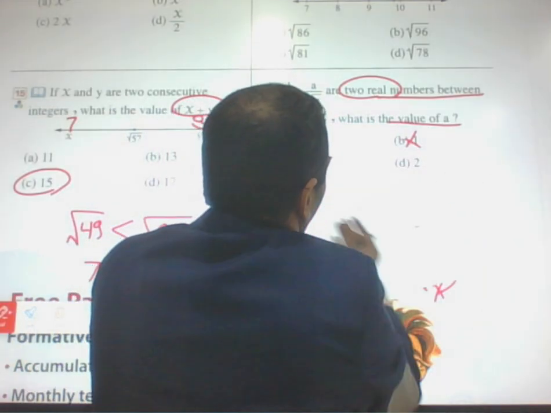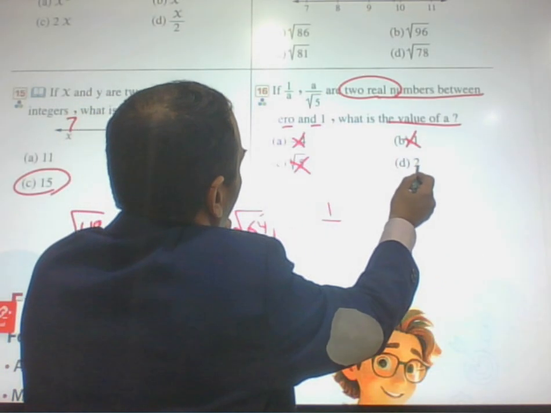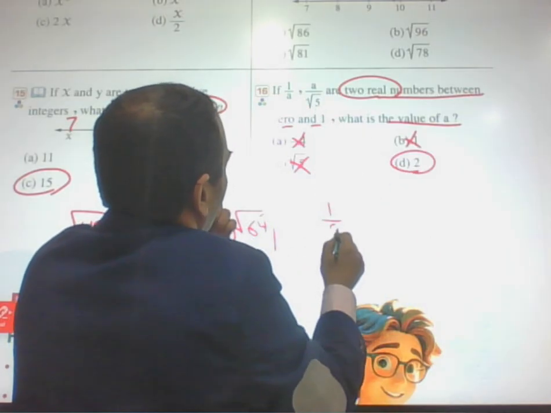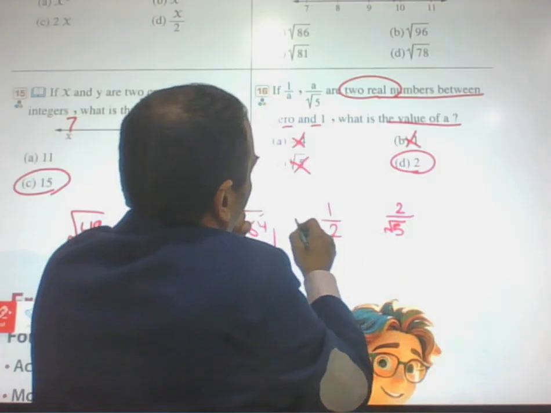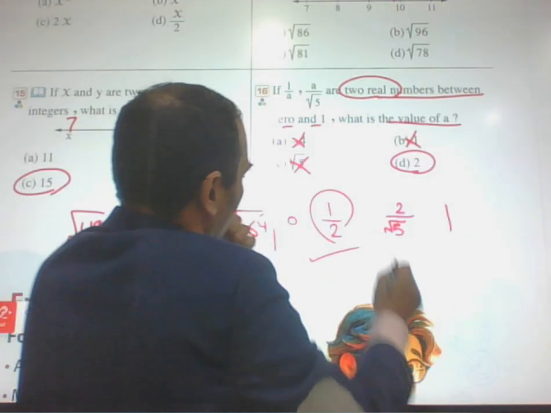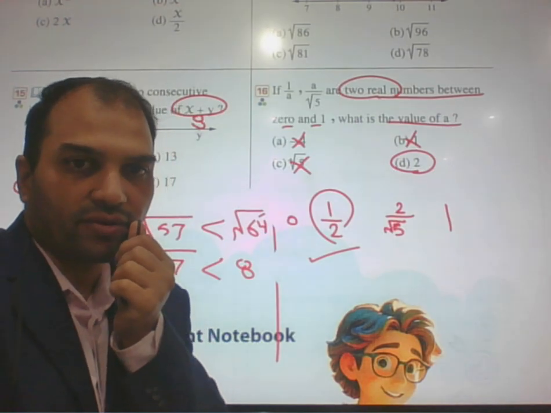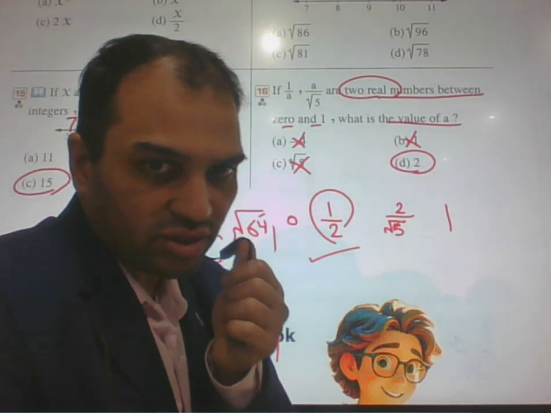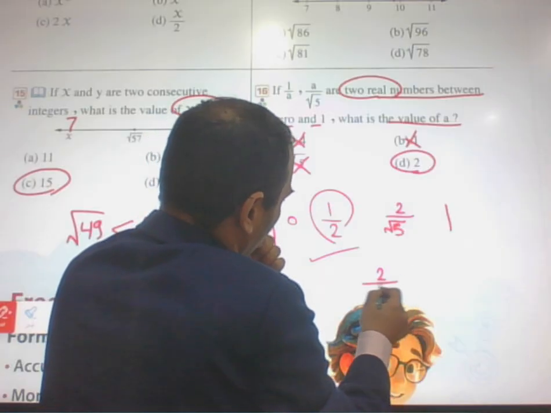But the option D: we have 1 over 2, put the value of a equal to 2, and here 2 over root 5. We have 0 and 1. Half lies between 0 and 1. If we put a equal to 2, then the answer will be 1 over 2. And also, if we put 2, we have 2 over root 5.